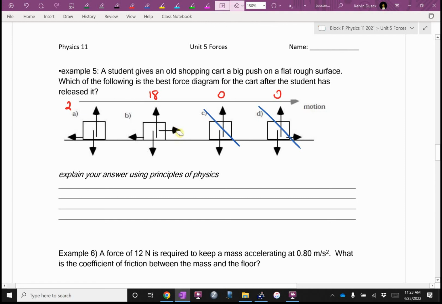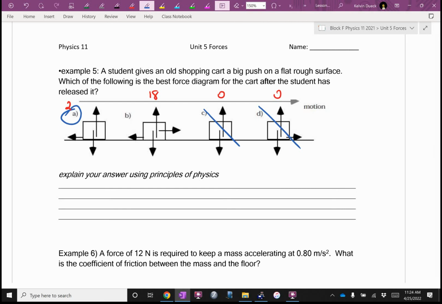This arrow looks like it's a tiny bit longer than that arrow, which would mean it was speeding up, or maybe they're supposed to be the same. All I know is there's only one free body diagram that has an unbalanced force slowing down. Which is the only free body diagram that has an unbalanced force slowing down? Has to be A.